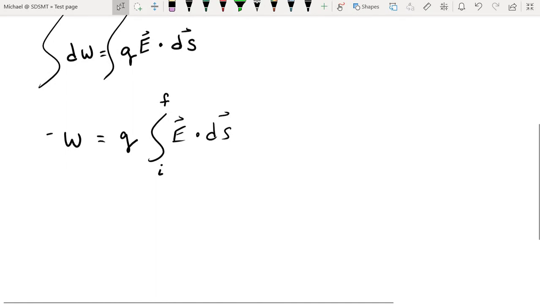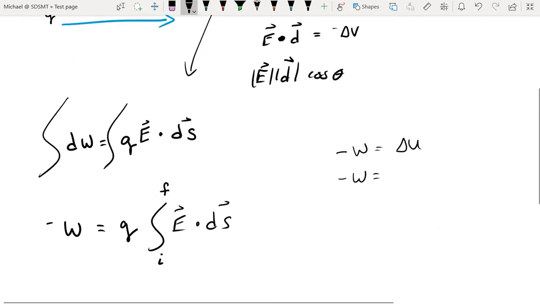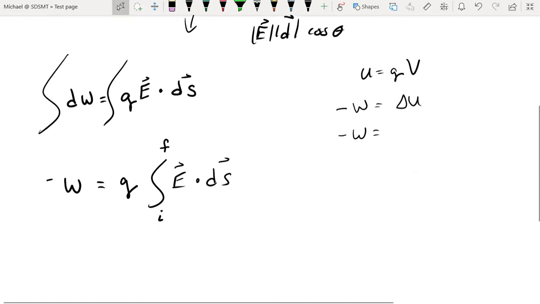And we know that the work, or the negative work as we now have it, is responsible for the change in the potential energy of the system that we see. Potential energy, by definition, is charge times electric potential.